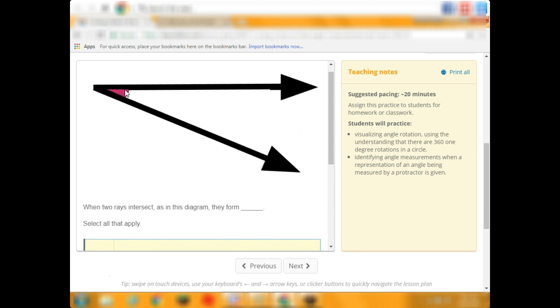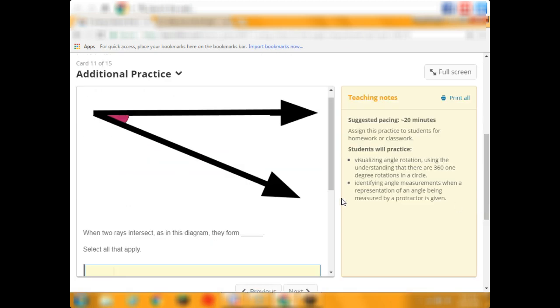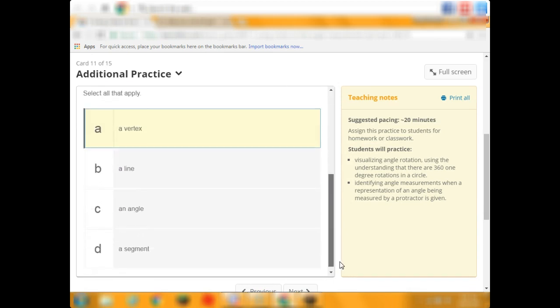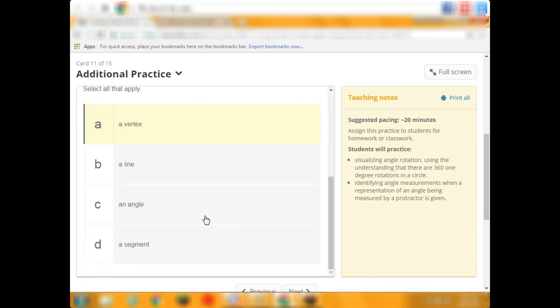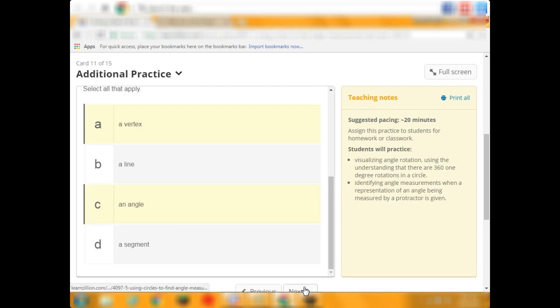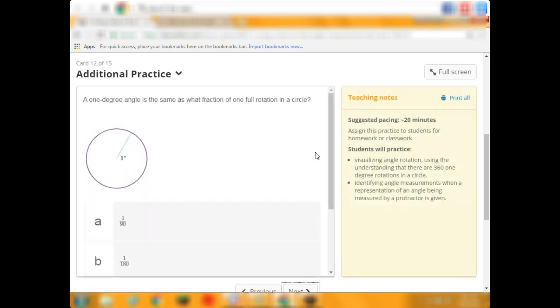This is basically this part of the angle. So we know that it's a vertex. We know that it's not a line, and it's also an angle, but it's not a segment, because the segment is part of it and it's not part of it. So that's your answer.